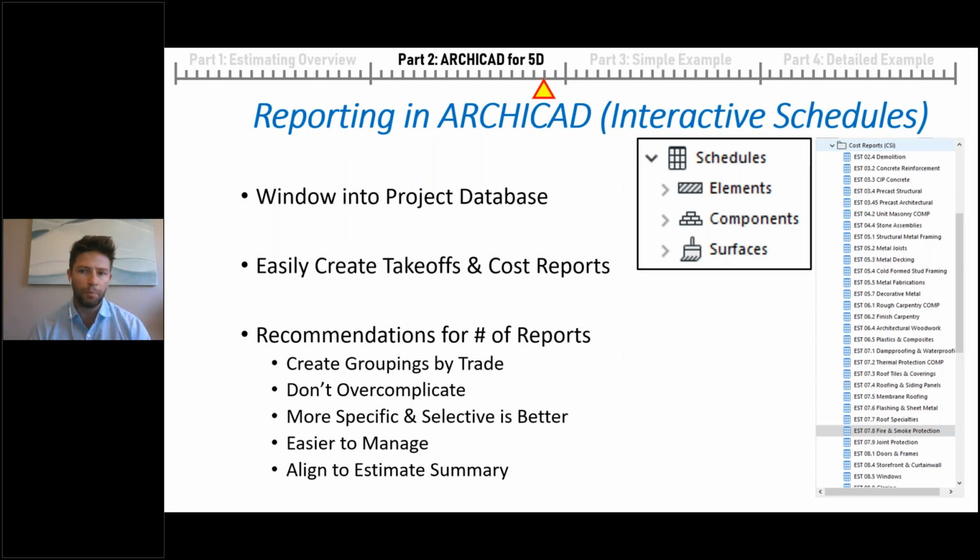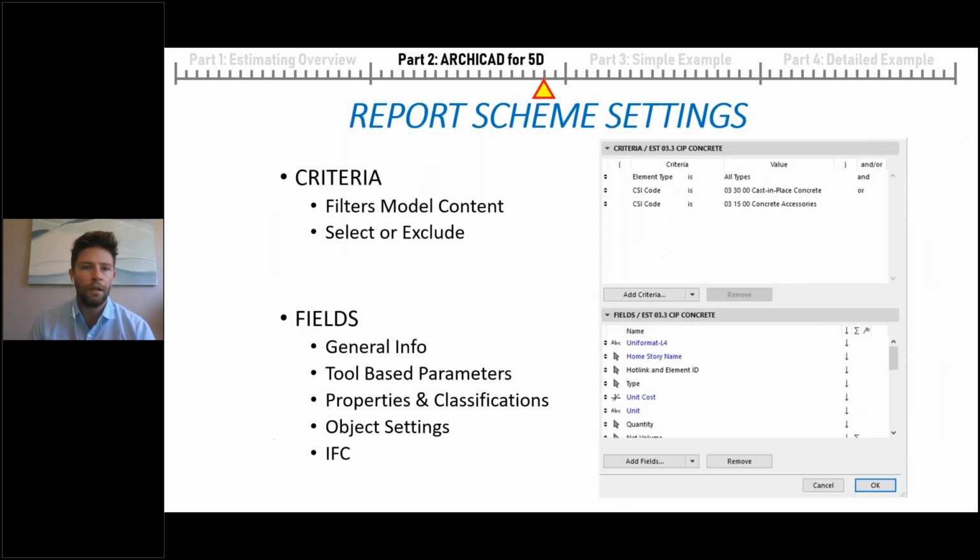And by breaking out the different scopes of work, I think it helps simplify how things are being reported. If you try to have too many things in one report, I think that tends to overcomplicate things a little bit. And so the more we break things out into specific scopes, I think the easier it is to work with and the easier it is to align to our estimate summary.